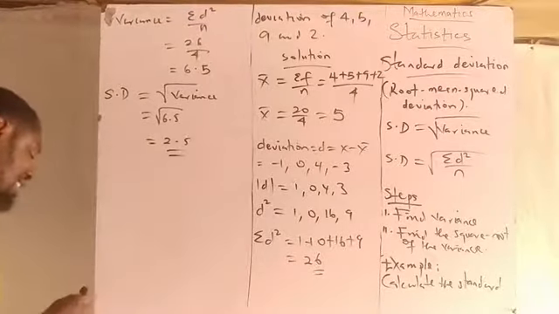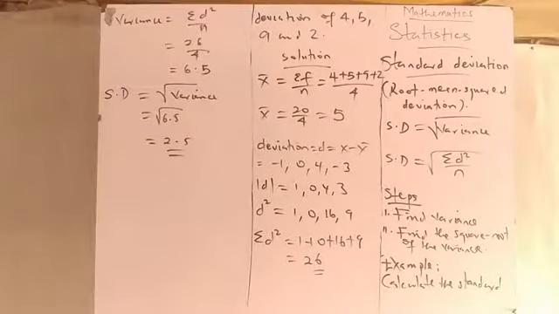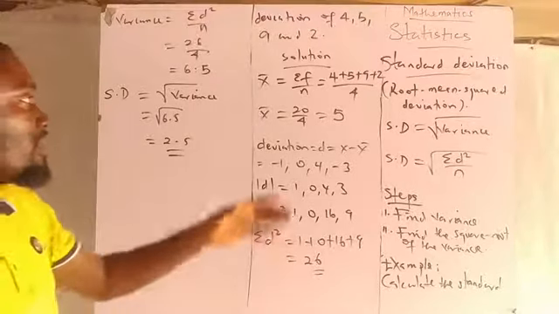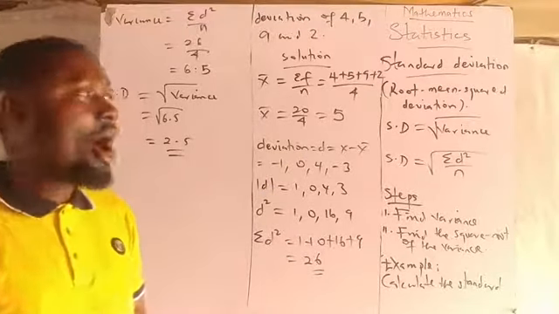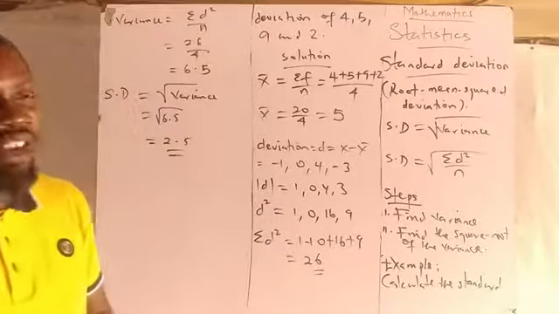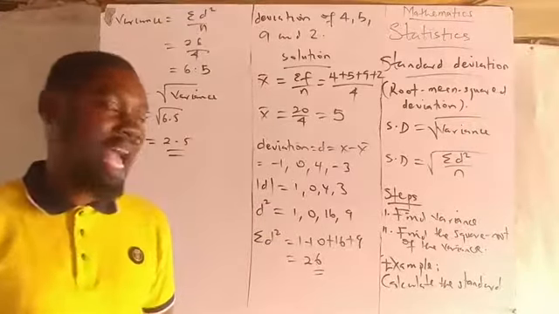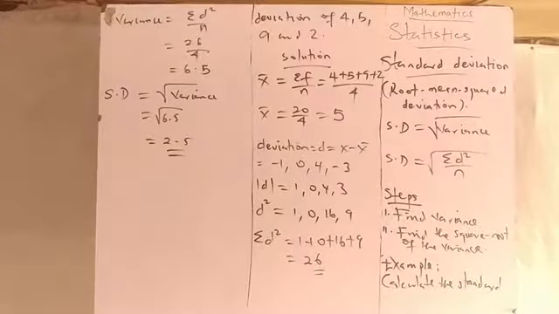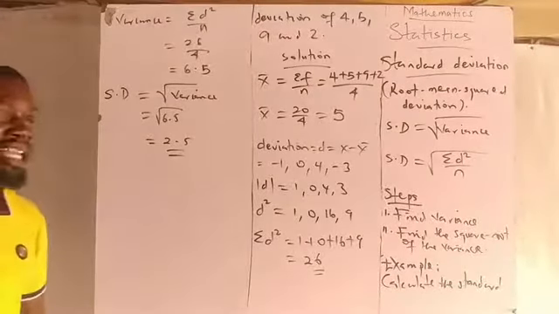So our standard deviation, or our root mean squared deviation, is 2.5. This is how you solve problems regarding standard deviation. The first thing you must do is find your variance. Then find the square root of the variance. Whatever answer you have is your standard deviation.